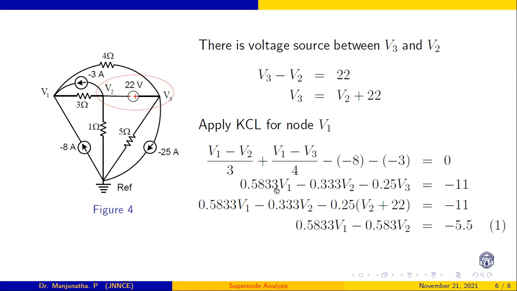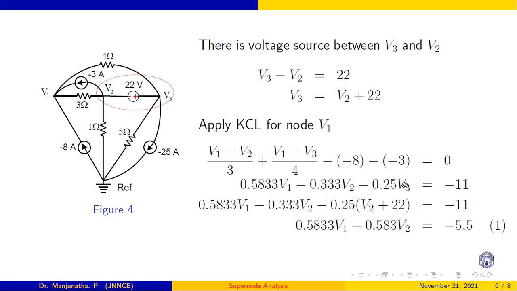Simplifying this, V1 by 3 and V1 by 4 clubbed give 0.5833 V1, minus V2 divided by 3 means 0.33 V2, and V3 by 4, that is minus 0.25 V3.